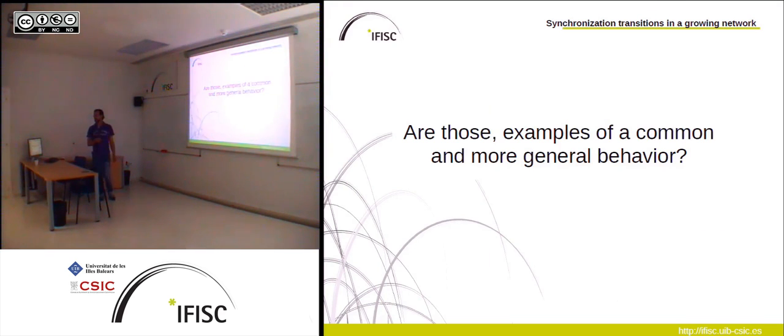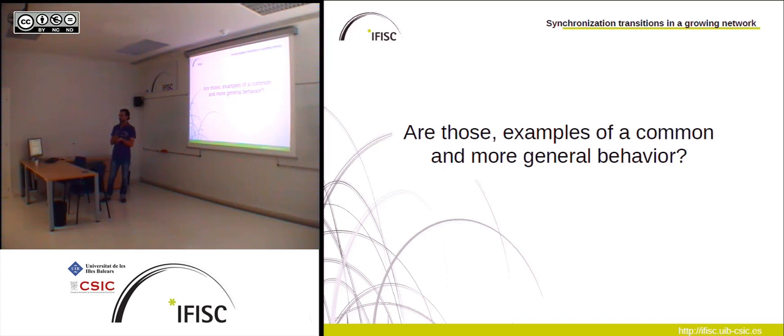So when you mean the general behavior, you mean exactly what? That there is a continuous transition changing the system size, and that there is a discontinuous transition in the other case? When you have oscillators, or what exactly do you mean by general behavior? I mean, from one side, if other systems can show these two types of transitions, on the other hand, is there any relation between these two types of transitions?